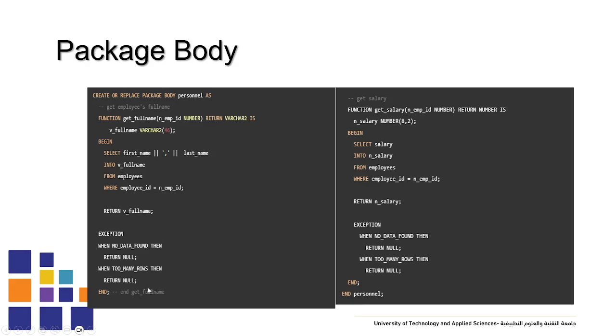So we are ending up our full name function here, and then there is a function to get the salary. In fact, each salary also begins with selecting the salary into our v_salary, right? If you pass the parameter on our get_salary as well, it has to be equal to that particular n_emp_id along with our column, which is employee_id.